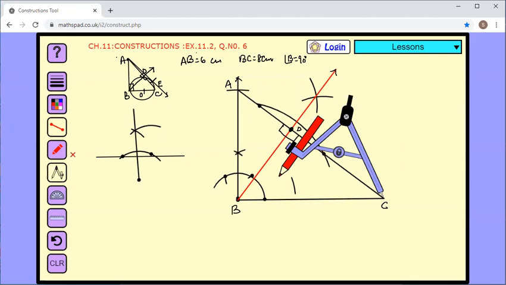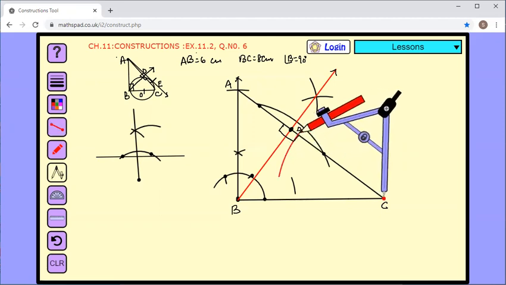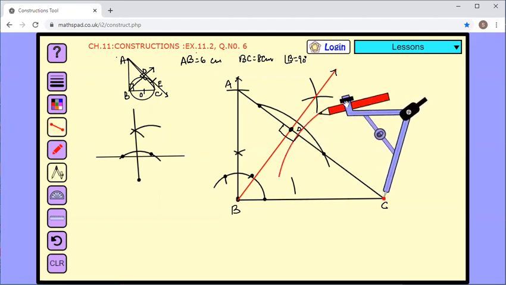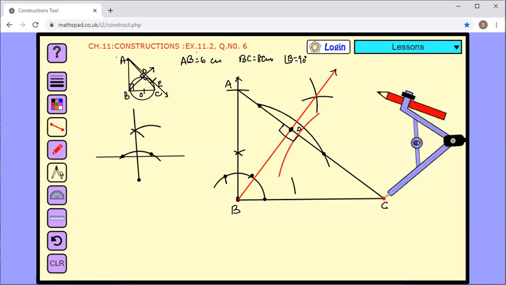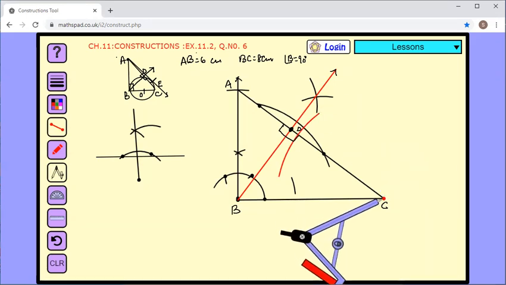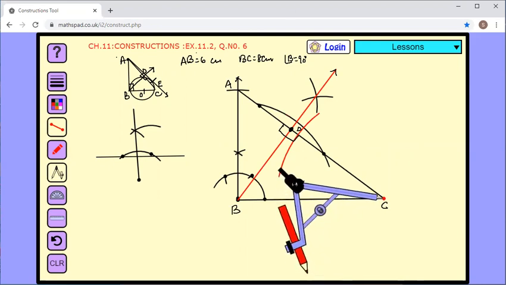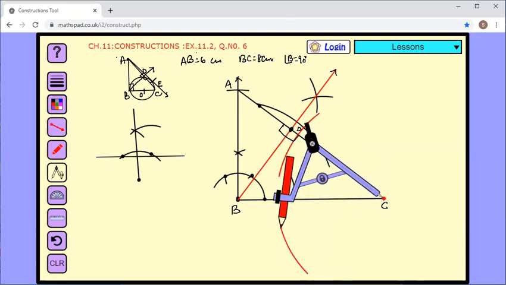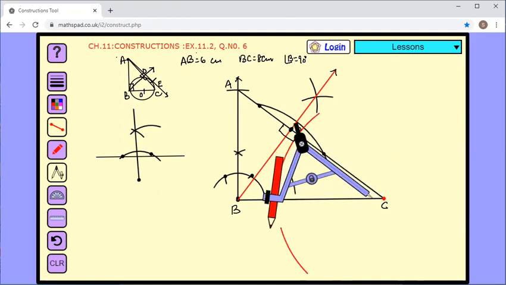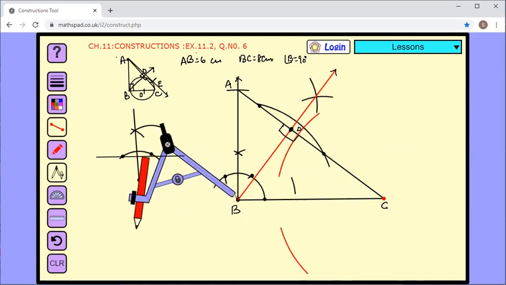So what will we do? We will draw the perpendicular bisector of this line. So here I am drawing two arcs to draw the perpendicular bisector of BC so that I can get the center of the circle.